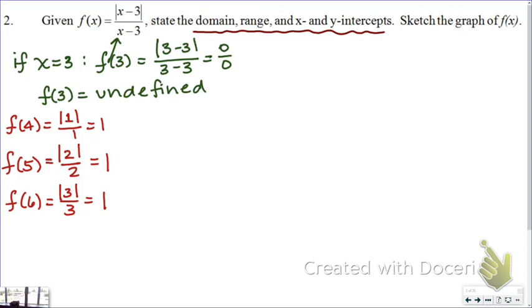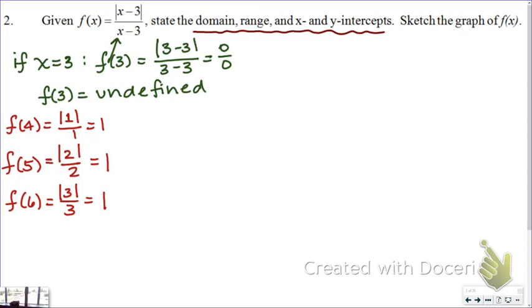So basically, what's going to give us an answer that's not 1? Well, the absolute value of a number is the same as the number as long as it's positive. So as long as x minus 3 is positive, the numerator and the denominator will have the same value.